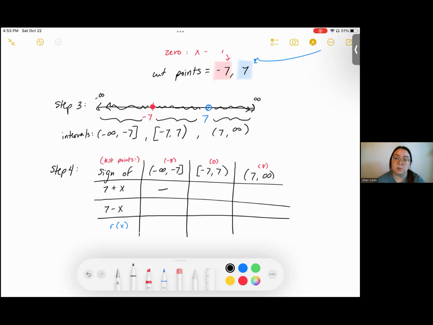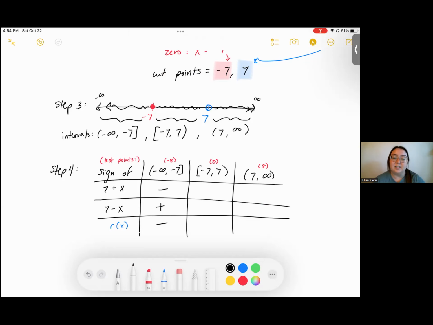That's a double negative, so it's really plus. 7 plus 8 is 15. And that's positive. So we've got a negative number times a positive number, which creates a negative number. We say that our rational function R of X would be negative on that interval.